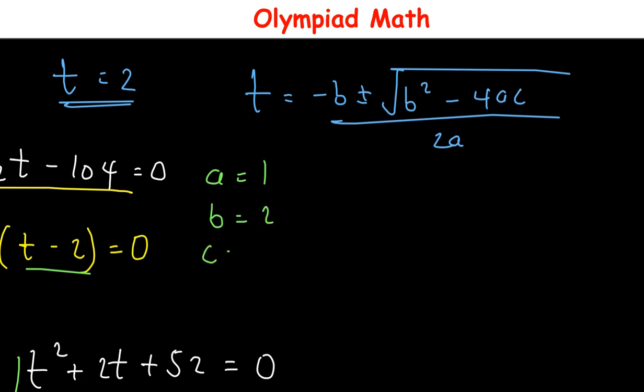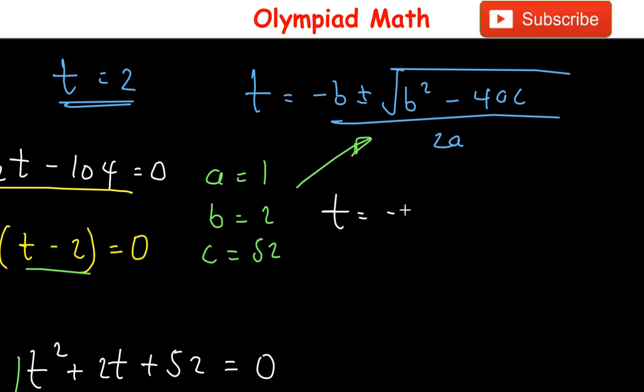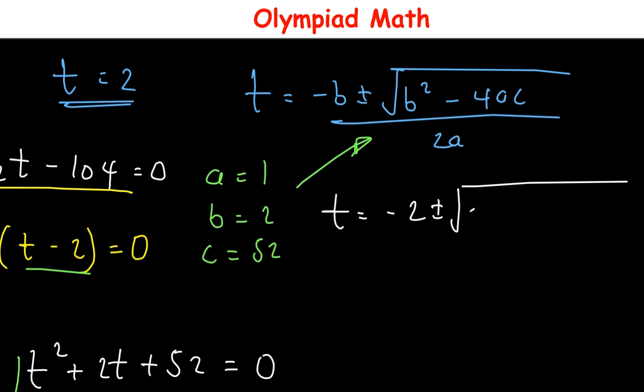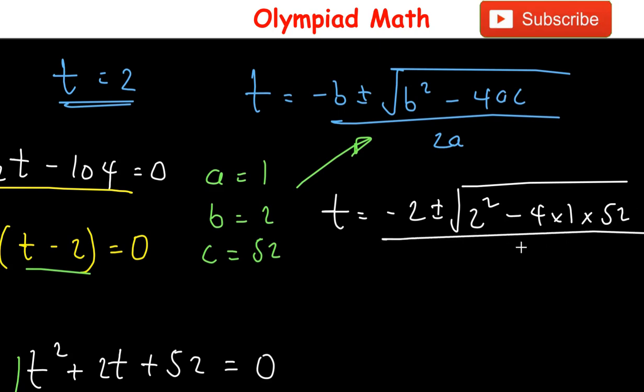The value of c is the constant, 52. So inputting these values into the given formula, we have t equals minus b, which is 2, then plus or minus square root b squared, 2 squared, minus 4 times a is 1 times c is 52, divided by 2 times a is 1.